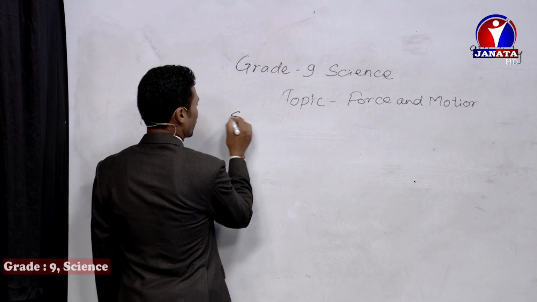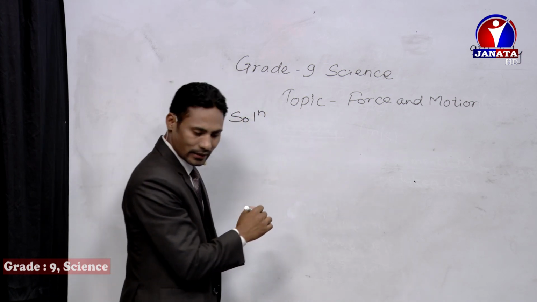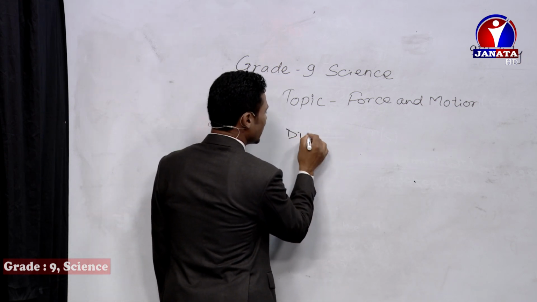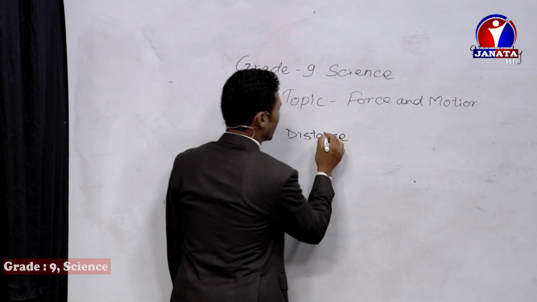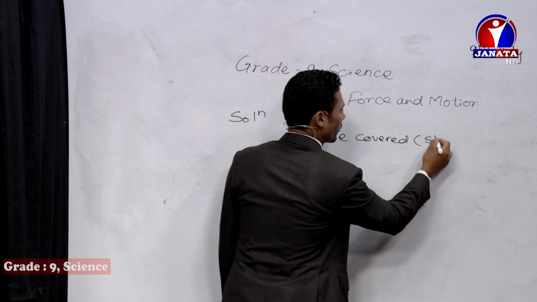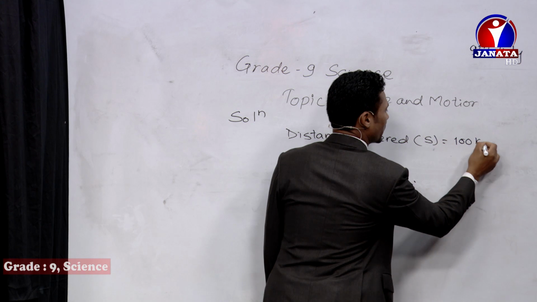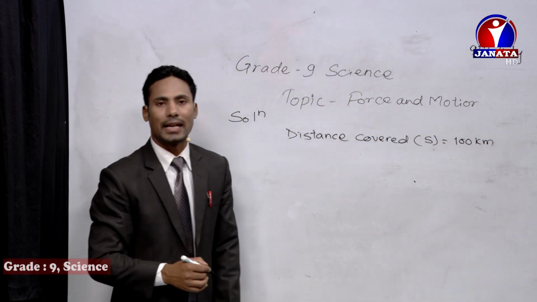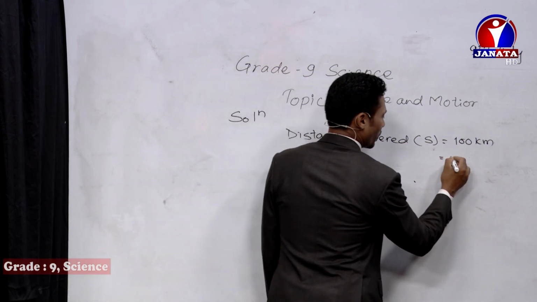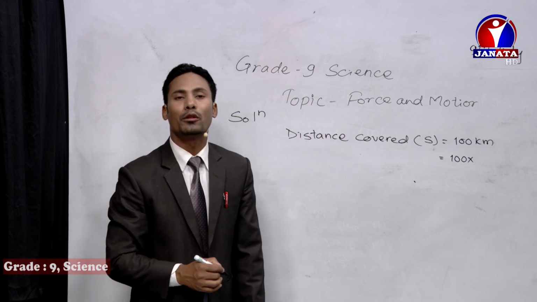Let's see. Solution: the distance covered is given, which we represent by S, and it is 100 kilometer. It is not in the SI system of units, so we'll change this into the SI system. We know 1 kilometer equals 1000 meter.